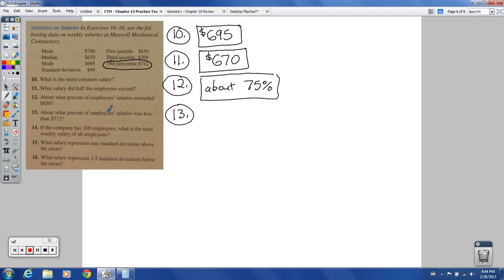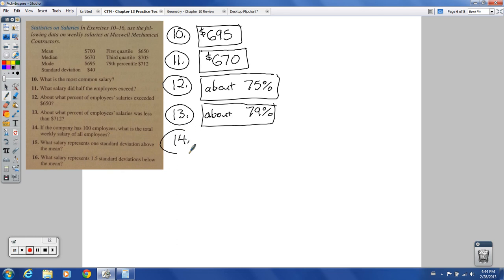So that would be about 79% being below $712. With percentiles, we think of 100%. Whatever the percentile is, you take 100 minus that, and that's how you get what's above that. So 79th percentile or 79% below, 100 minus 79 is 21% above.